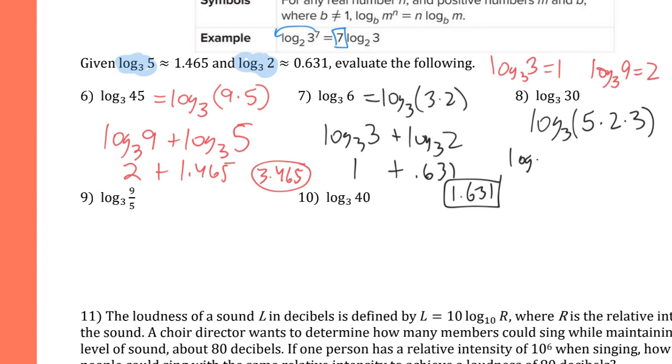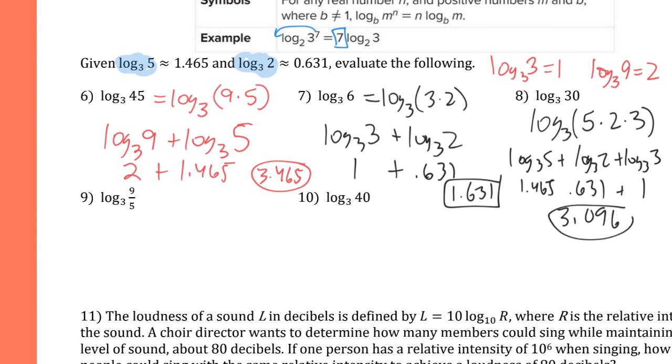Log base 3 of 5 plus log base 3 of 2 plus log base 3 of 3. So log base 3 of 5 is 1.465, log base 3 of 2 is going to be 0.631, and then log base 3 of 3 is 1. If you add these together, yes, use a calculator, you get 3.096. So we're saying, can we express this using the given things plus a couple cute ones that we know to make this work?